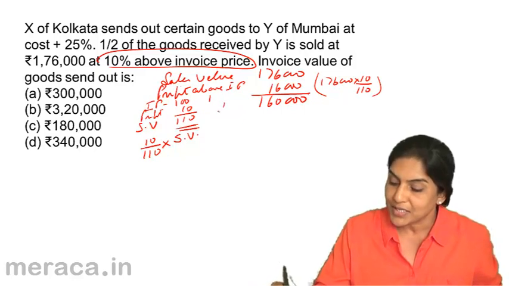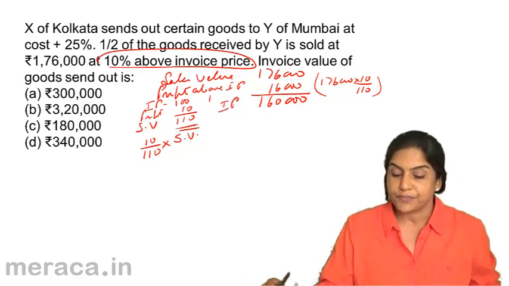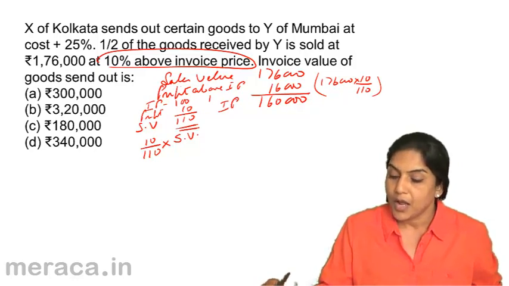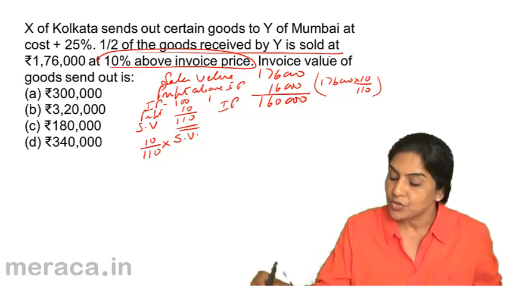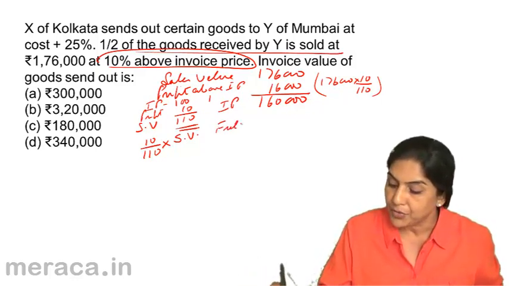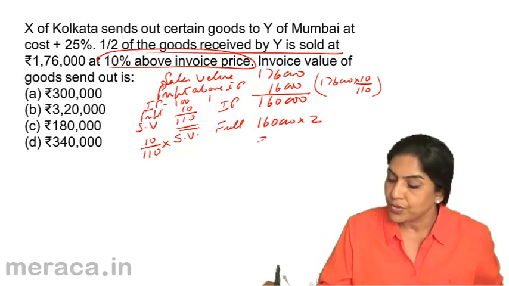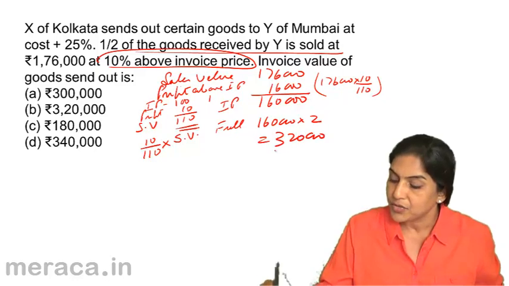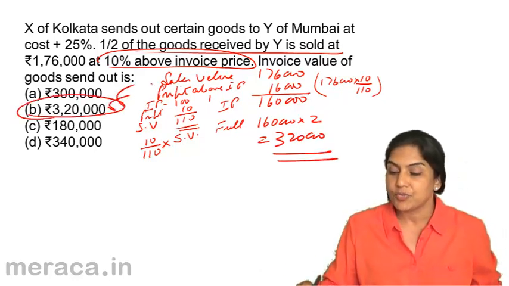So 1,60,000 must be the invoice price of the goods sold. And half of the goods received is sold. So 1,60,000 is half. Therefore, the full value would be 1,60,000 into 2 equal to 3,20,000. The correct answer should be B, 3,20,000.